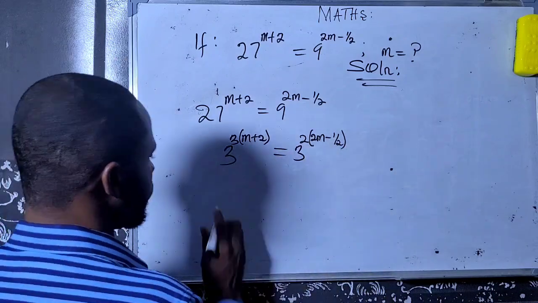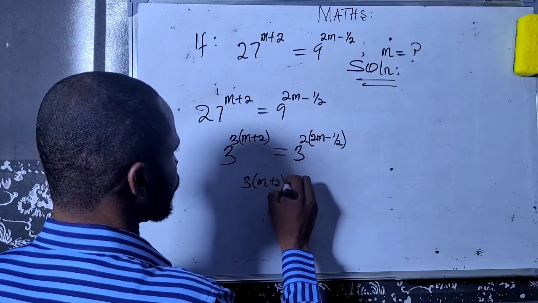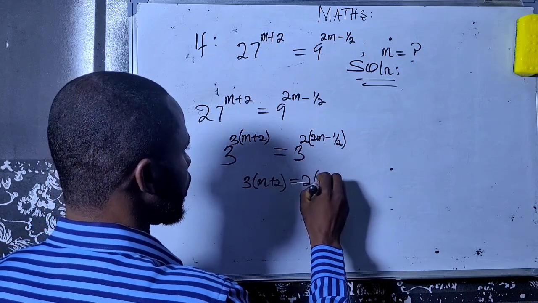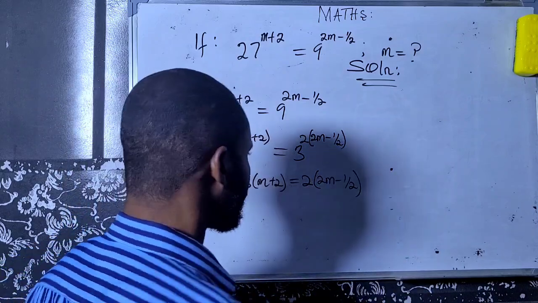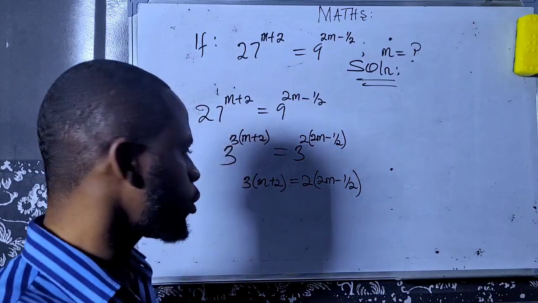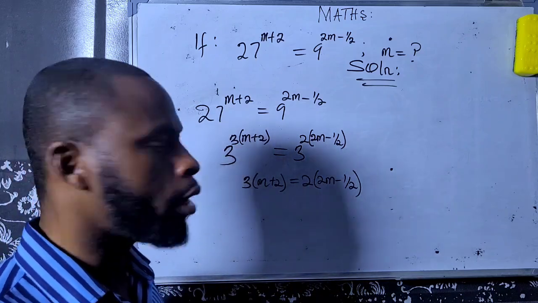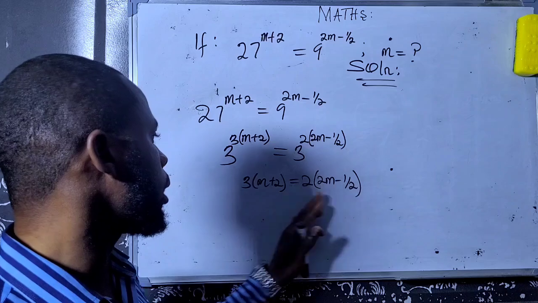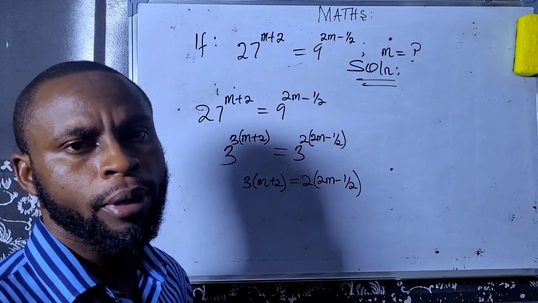Then as such, the equation becomes 3 into m plus 2 equals 2 into 2m minus 1 over 2. The next step to be considered here is to clear out the bracket. How are you going to do that? By multiplying each term inside the bracket by the numbers outside the bracket.